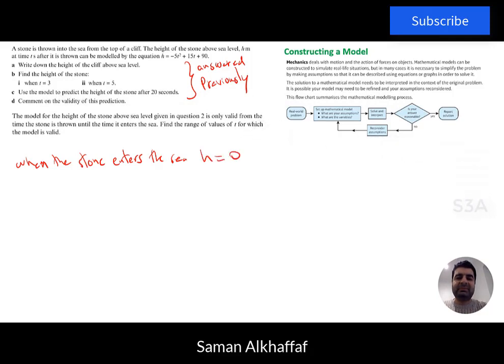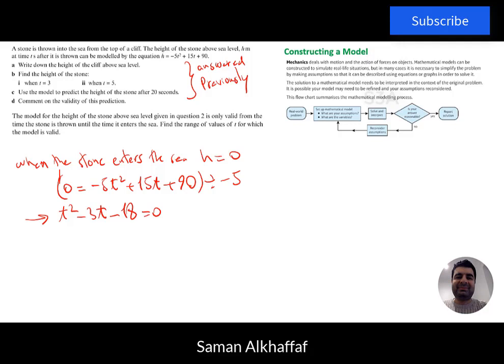So if we sub 0 into the equation, we'd have 0 equals minus 5t squared plus 15t plus 90. So it is all equated to 0. So ideally we divide the whole equation by minus 5, which will make it easier for us to work with. That will give us the equation t squared minus 3t minus 18 equals 0.